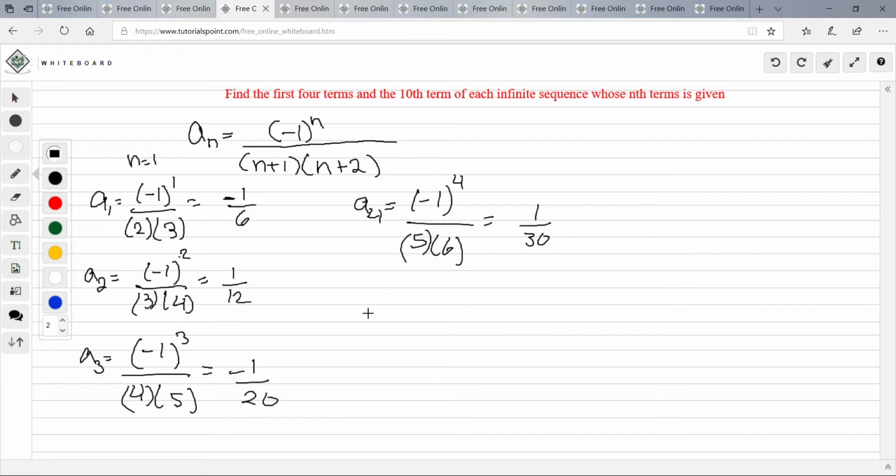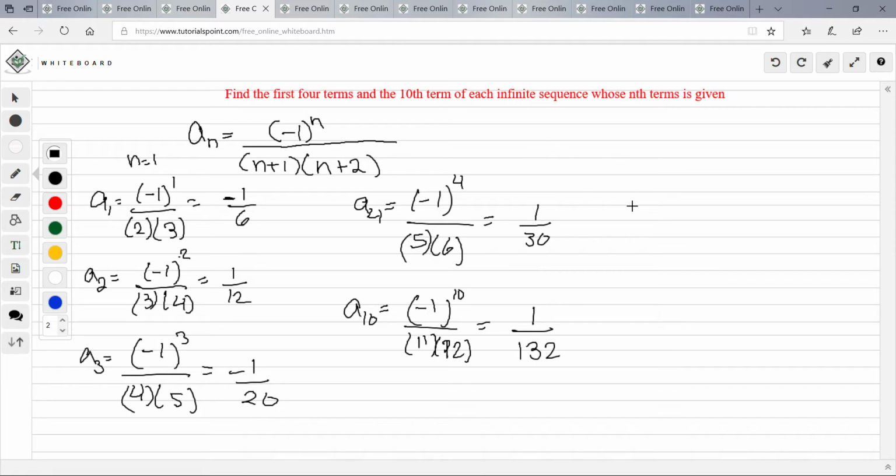Okay, and the 10th term, because we have to find the 10th term: ten plus 1 is 11, 10 plus 2 is 12. So that gives us 1 over 132.